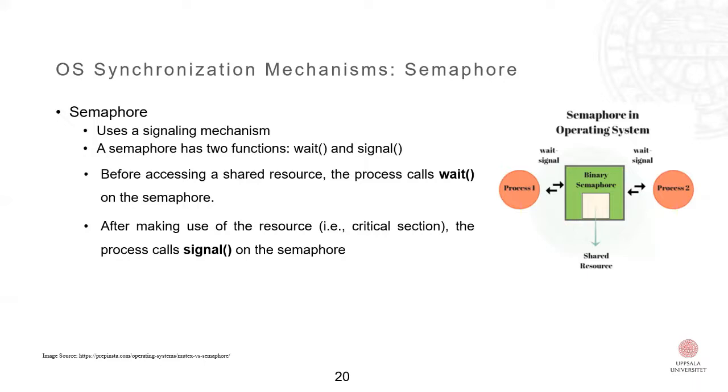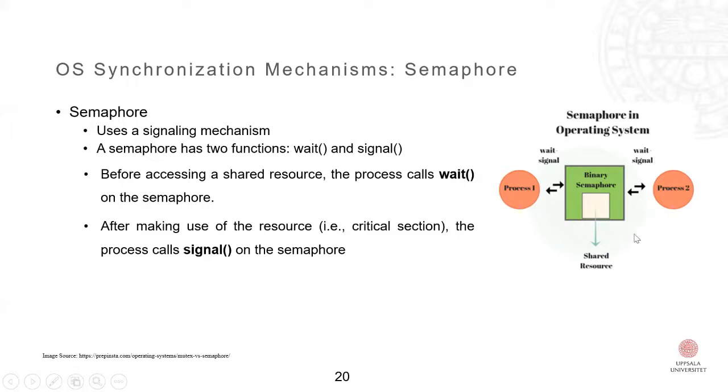First, when a process comes and wants to use this shared resource, it has to call the function wait. If there is another process or thread that is using this shared resource, the first process will be blocked. It will wait here.